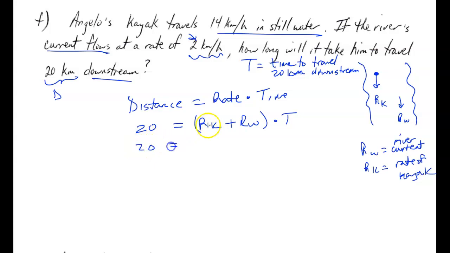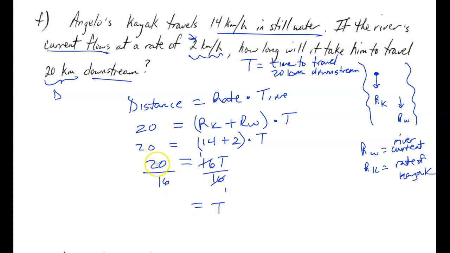And so here we know that the rate of the kayak was 14 plus the rate of the actual water is 2. Of course, that is just 16t on the right, 20 on the left. We'll divide both sides by 16. These reduce to 1 and we just get t. And of course 20 and 16 both have a common factor of 4.